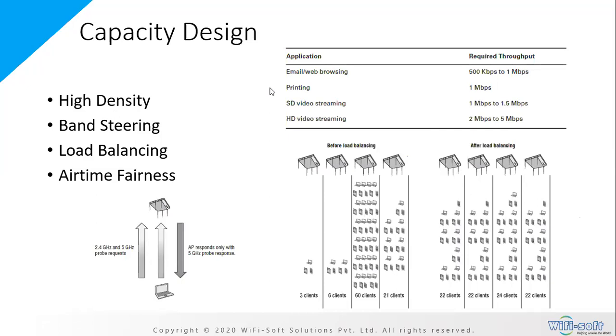If people are going to do video streaming, like in a stadium, you need to take better numbers into consideration and then do the density planning accordingly. You may need a 4x4 radio, a tri-band radio, and you need to design the access point accordingly. You can't put one access point and take 100 people there and ask them to connect.